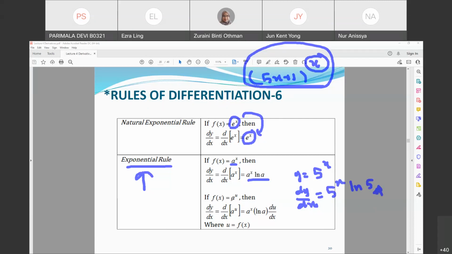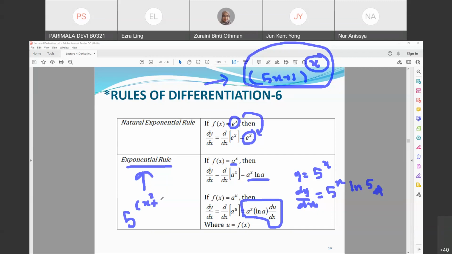Or if you have chain rule, A power of X, you have to use the chain rule. Nanti kita tengok contoh. Yang ni pun boleh tengok contoh ni. Or we have like this, 5 kuasa, cuba jawab ni. Yang atas ni dan dekat sini saya bagi ni lah. Kalau ada soalan boleh tanya nanti dalam kelas.